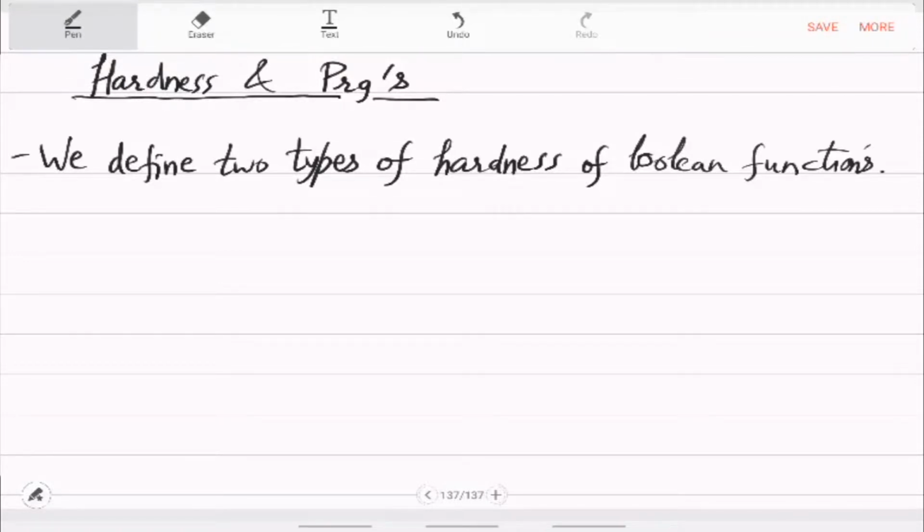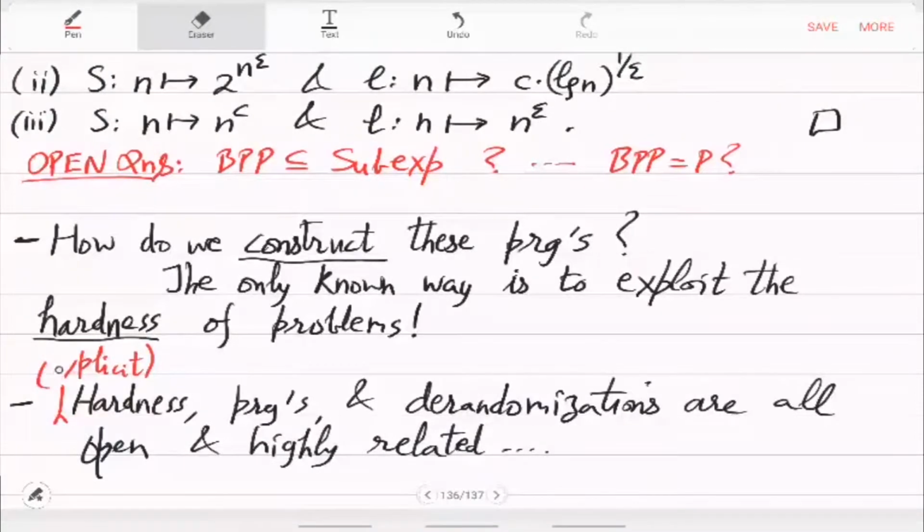I should say here actually the focus will be not so much on explicit but circuit hardness. So you have to show hardness in terms of Boolean circuits.